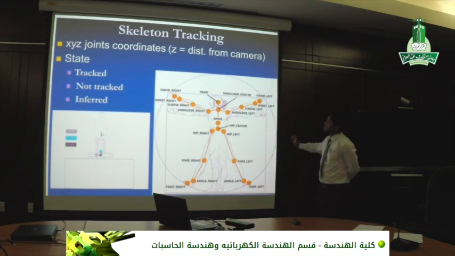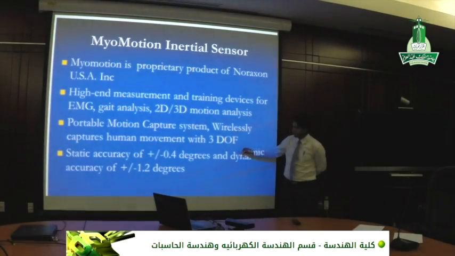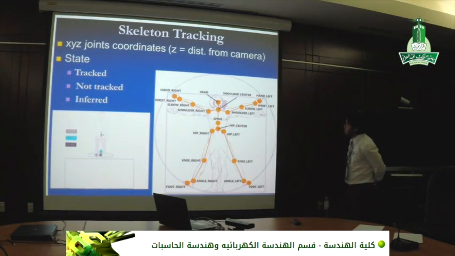The skeleton tracking feature produces the joints. It has 20 joint features for any subject who is in front of the Kinect, and it measures x, y, z distance based on the Kinect.